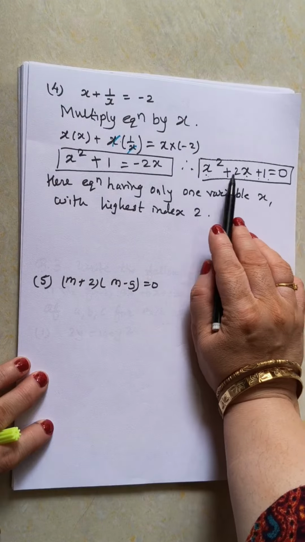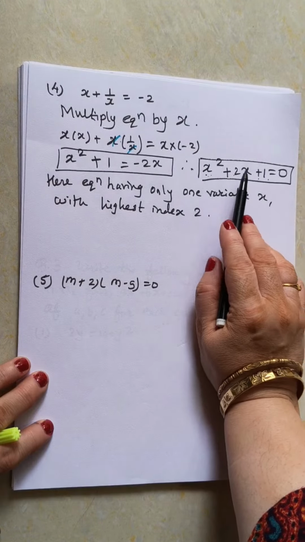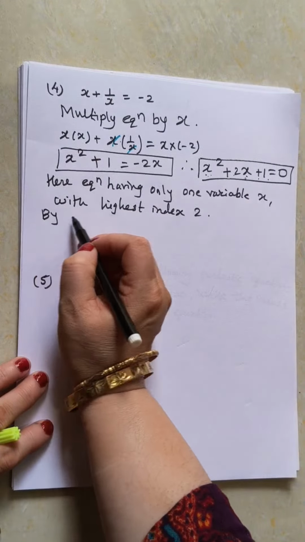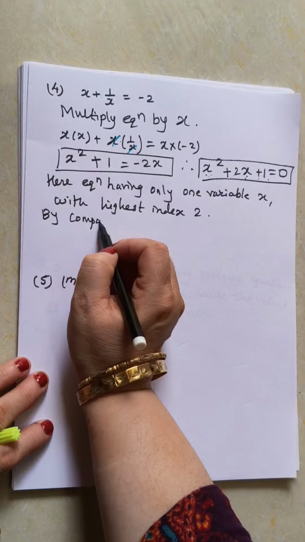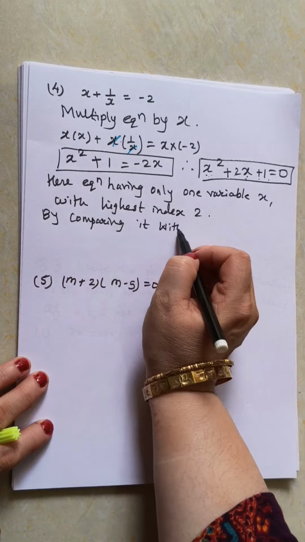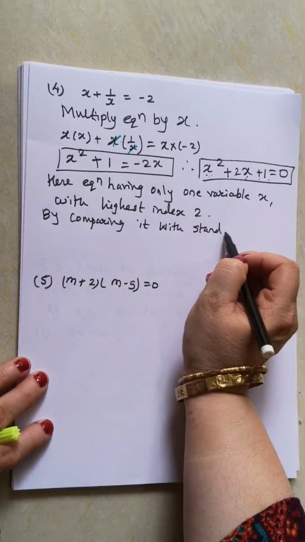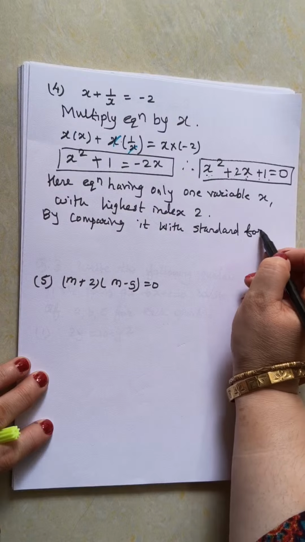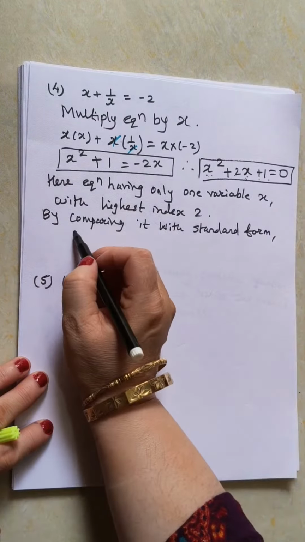It has only one variable, that is x, and its highest index is 2. And by comparing it with standard form, what is that standard form?